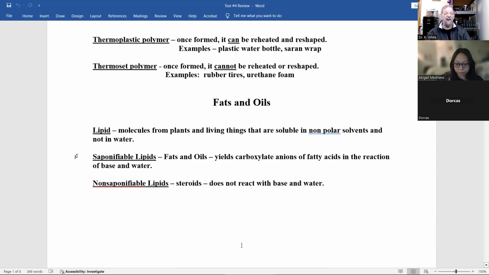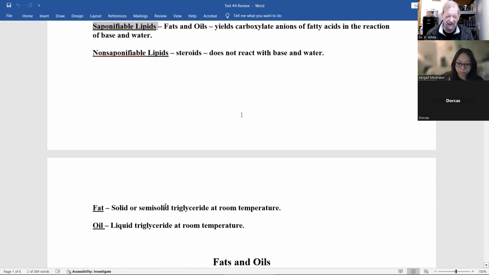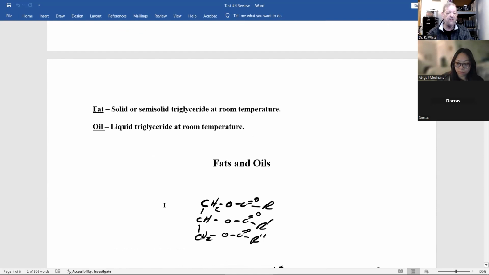Non-saponifiable lipids, which are also known as steroids, do not react with base and water. Now, the saponifiable lipids are also called fats and oils, which is an industry Dr. White worked in. I did. And you should know, first of all, what is a fat? A fat is a solid or semi-solid triglyceride at room temperature.